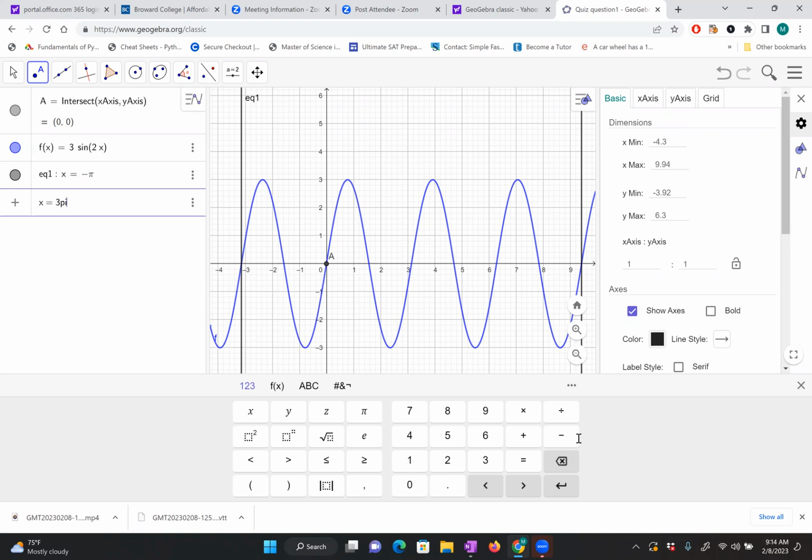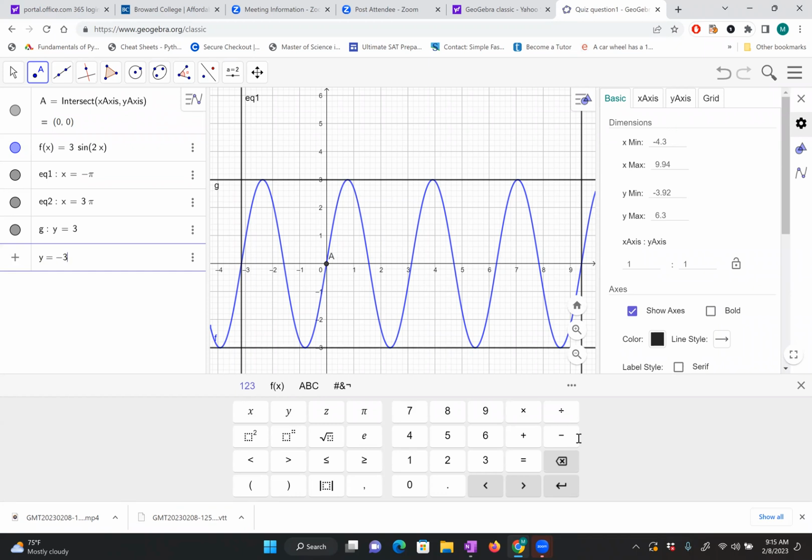I also want you to note and make it a point not only to find all the intervals, I would also like for you to find the range where y equals, in this case, +3. We also have y equals -3. All right. So there we are.